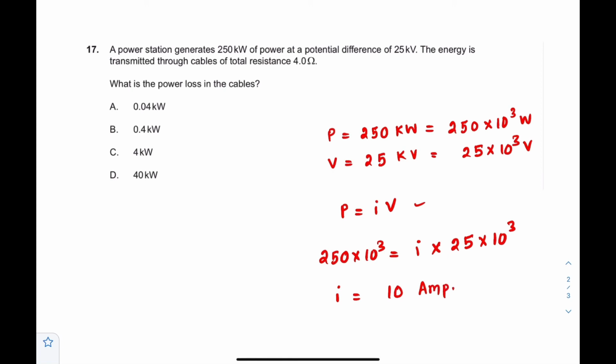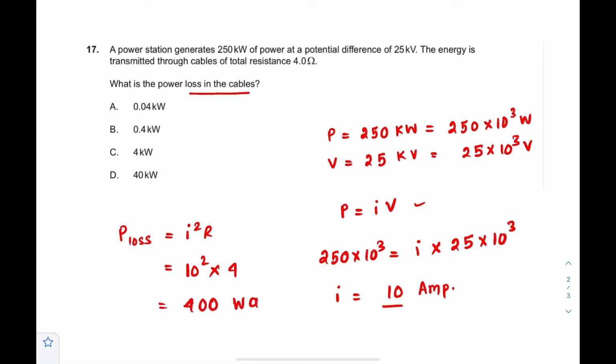So 10 amps of current will be flowing out through the power station, right? And what is the power loss in cables? The power loss is equal to I square into R, right? What is the current flowing through the cables? 10 amps, right? So that means 10 square into R. What is the resistance of the wire? 4. So that means 400 watts of power will be lost.